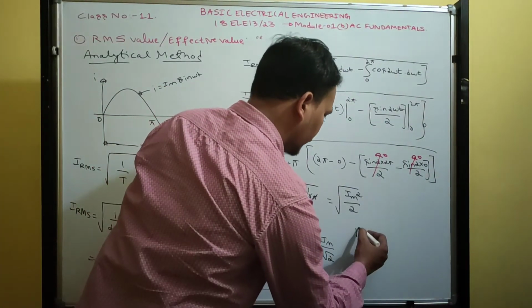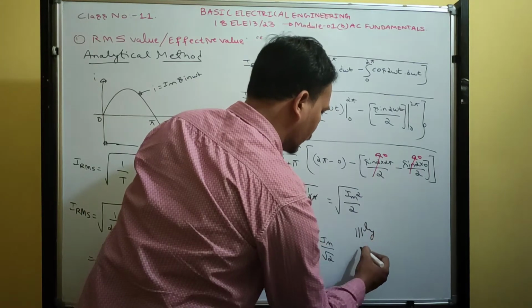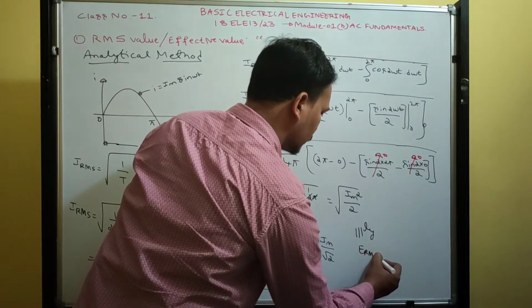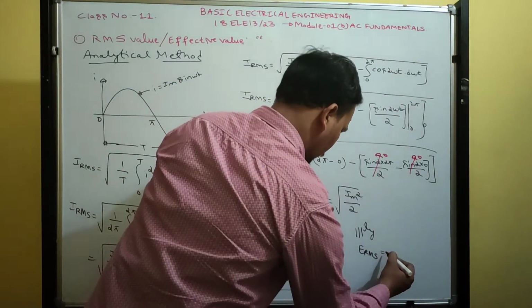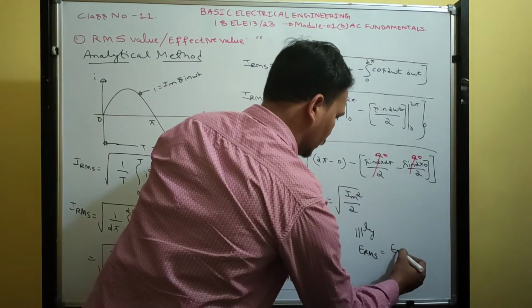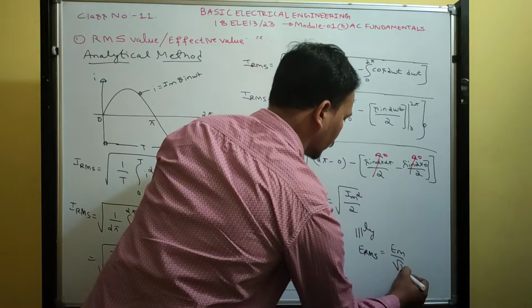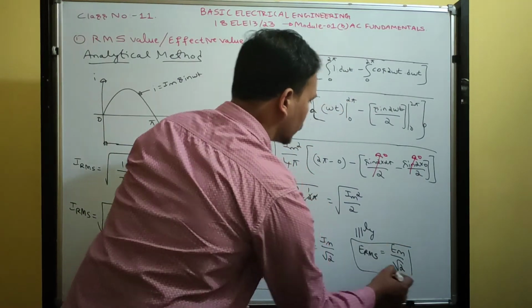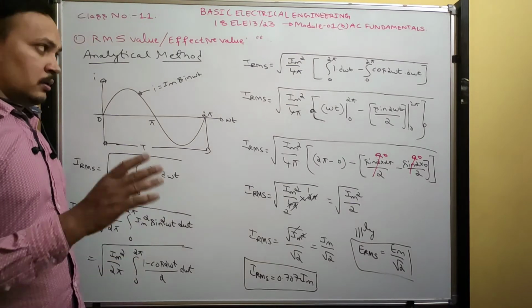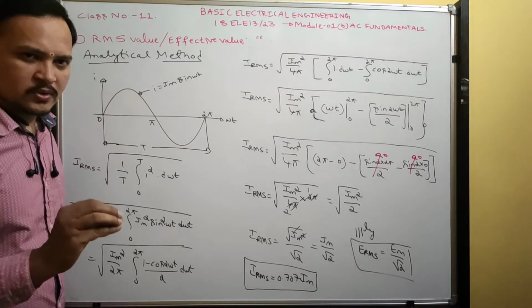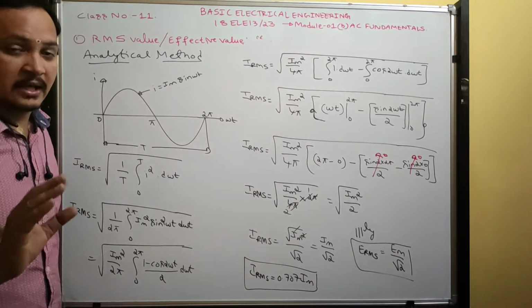So similarly, if the quantity is voltage, ERMS is equal to Em by root 2. You need not derive again. In the exam, they will specify only the alternating quantity. Derive the RMS value of a pure sinusoidal waveform, like that they will ask.